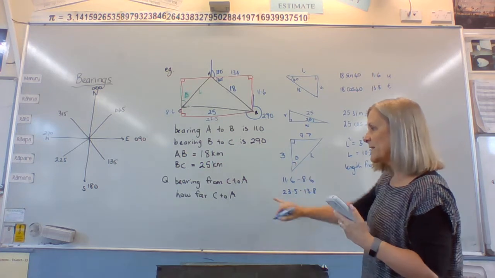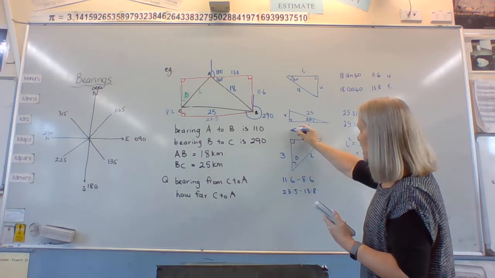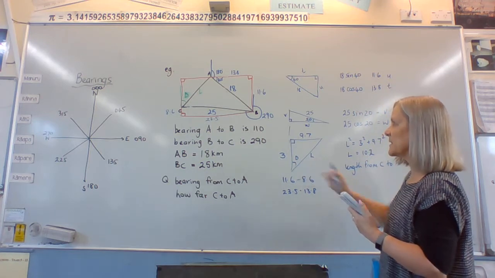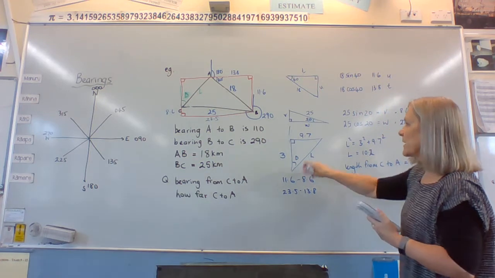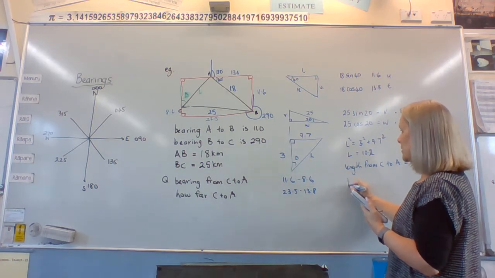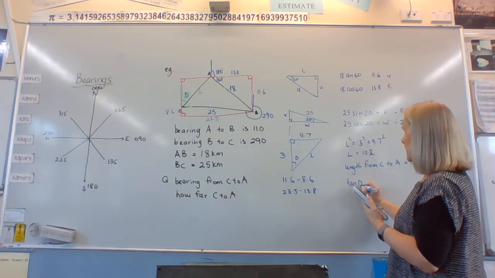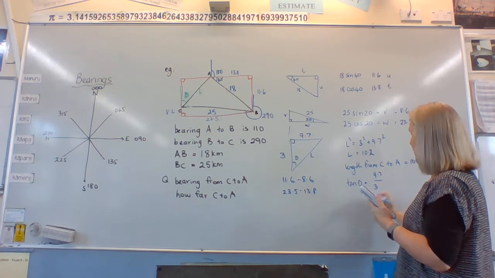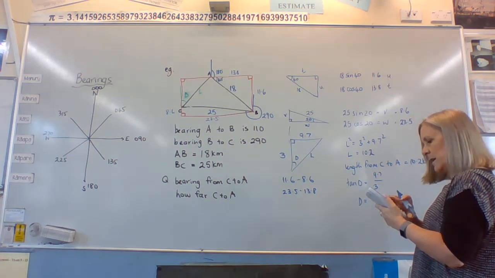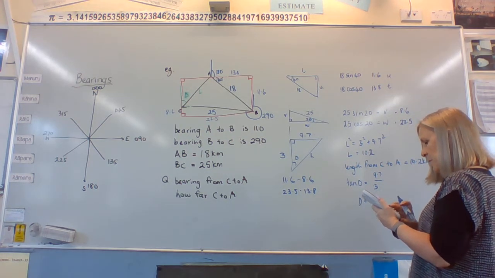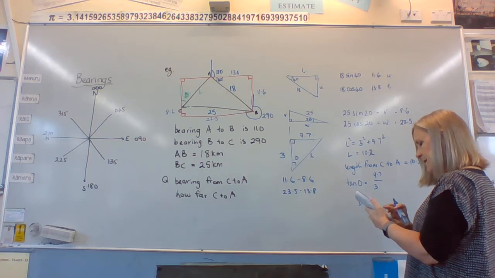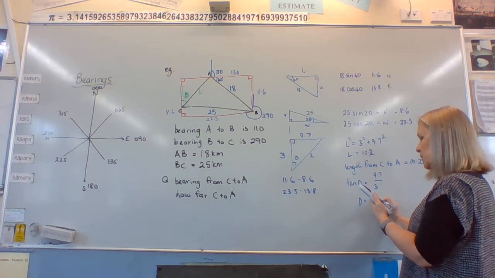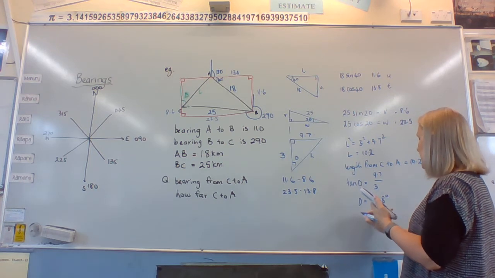Now I need to find the bearing, which is from north around to the track. So I just have to find this little angle in here. I can use these two and go tan of D is equal to the opposite over the adjacent, 9.7 over 3. So D equals inverse tan of 9.7 divided by 3, which equals 72.8 degrees.